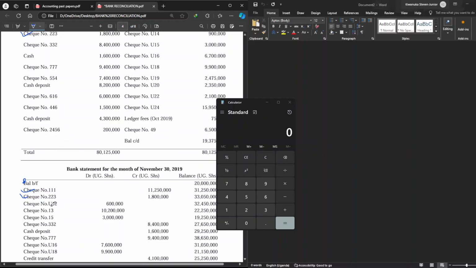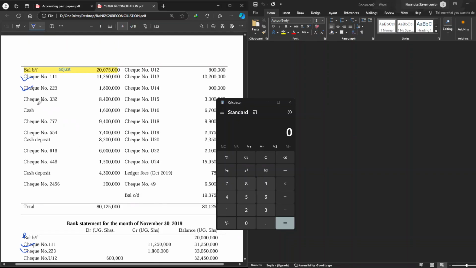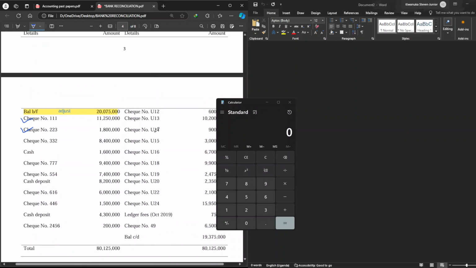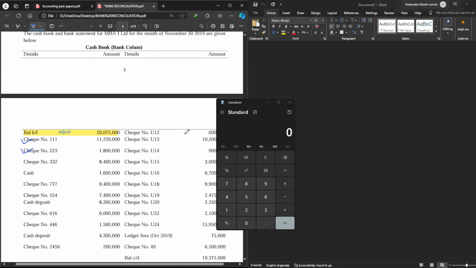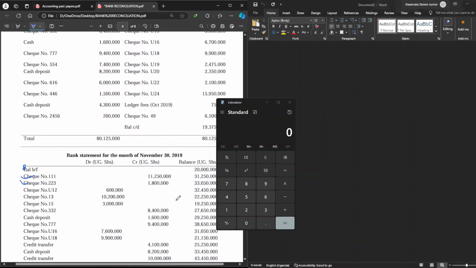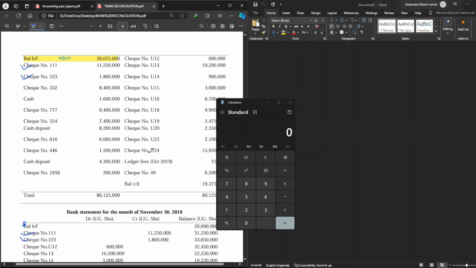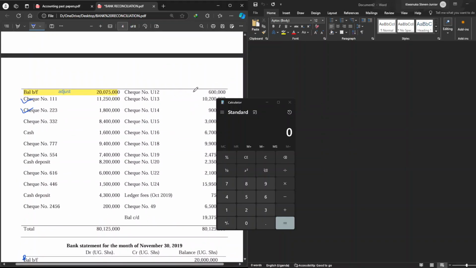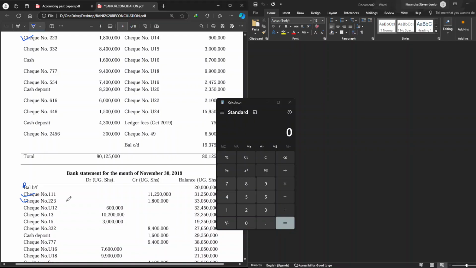It is on the debit side, U12. We are checking in our cash book to see if it is there. So we see that it is here on the credit side, 600, and since it's on the debit side here, it should appear this side on the credit side, which is 600. So we'll tick this one, and we'll also tick it here.